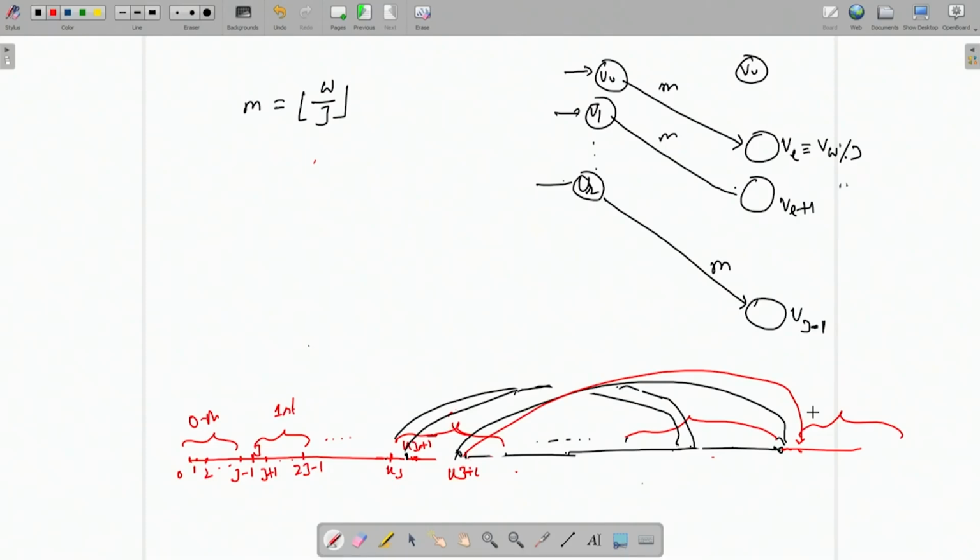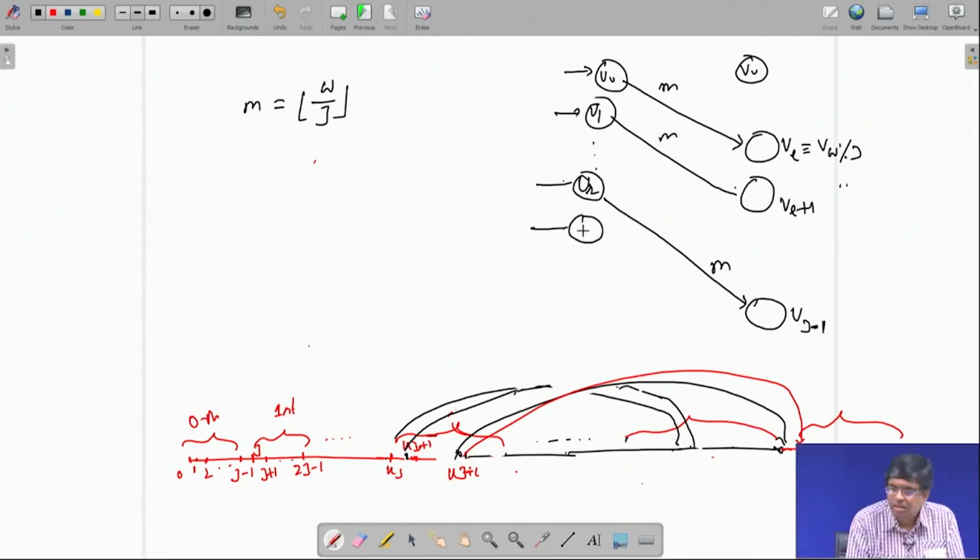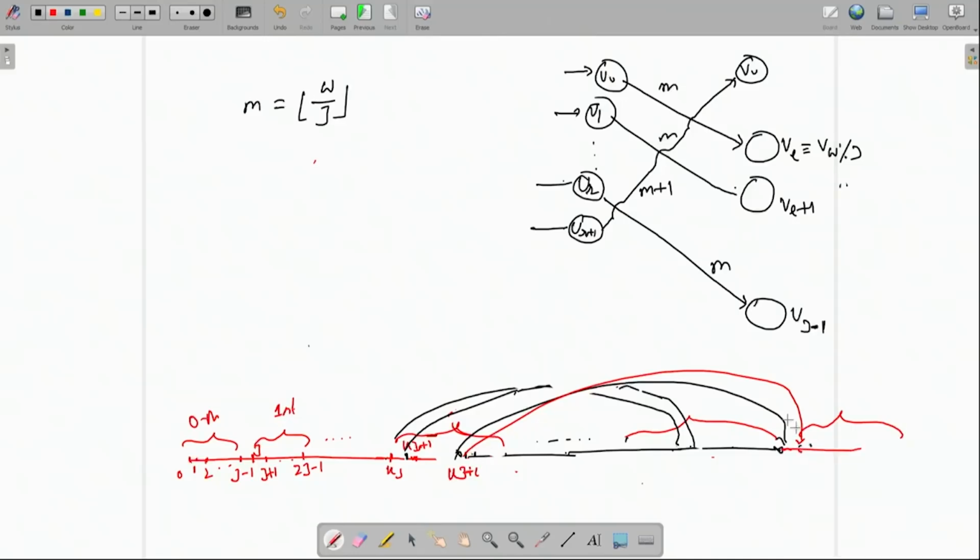So the next guy, UR plus 1, will go to V0, since the starting index is 0, dedicated for V0. So it will go to V0, and the delay is M plus 1. Then you go further to the right, and this also will get shifted to the right.